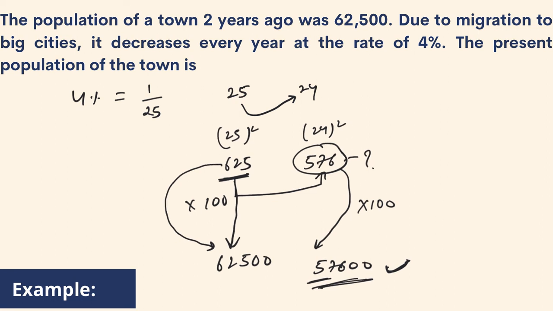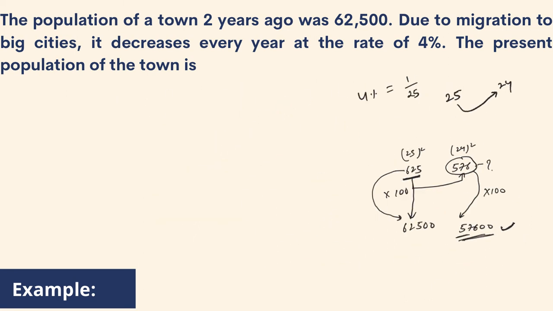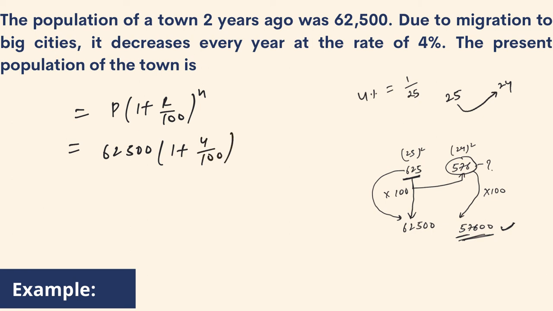Let's say our formula is: population after n years equal to P into 1 plus R divided by 100, power n. So P's value is 62,500, 1 plus R value is 4 divided by 100, n value is 2. So 62,500 into 1 plus 1 by 25 square.